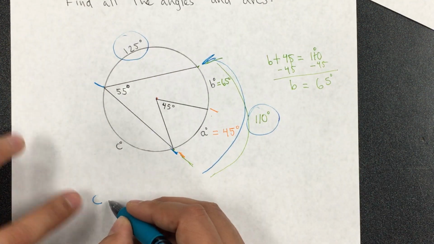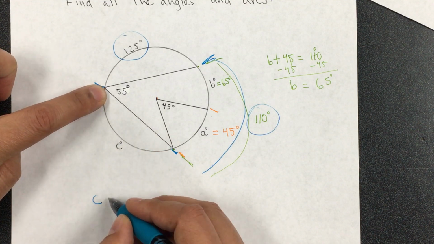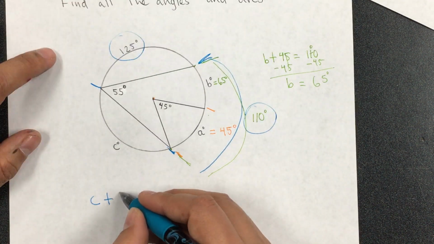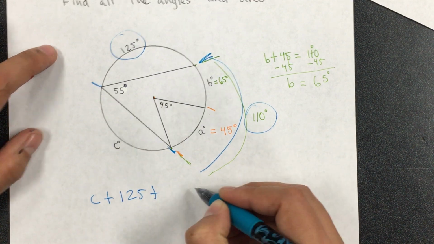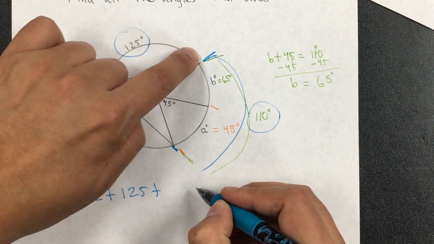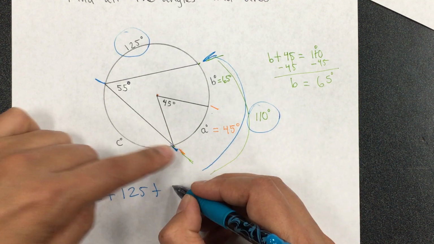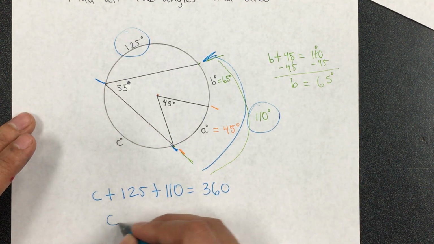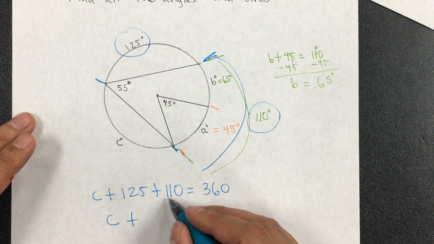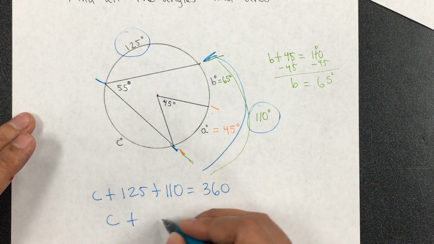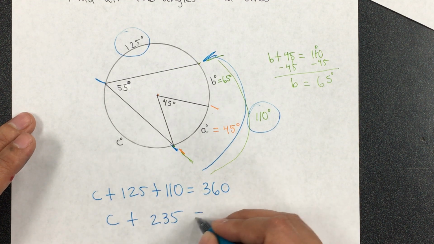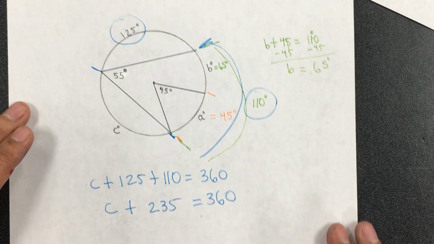Or you can just say C plus 125 plus this whole thing, which is 110, equals 360. So C plus 235 equals 360.